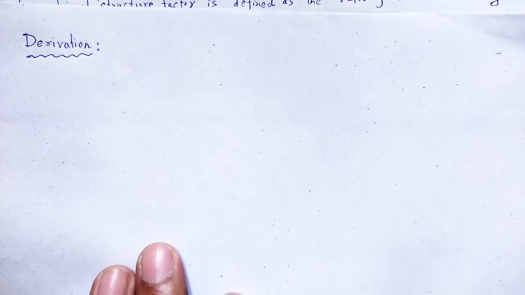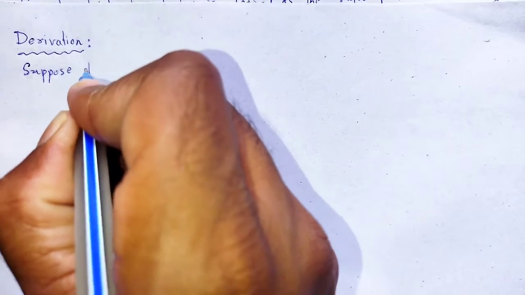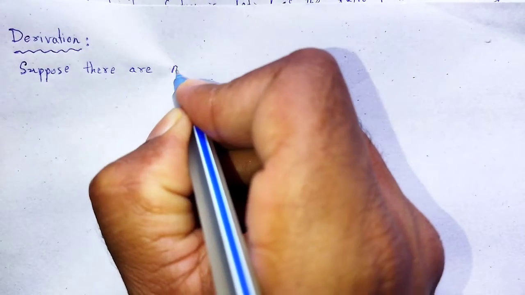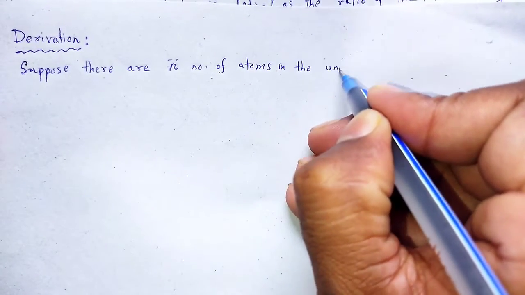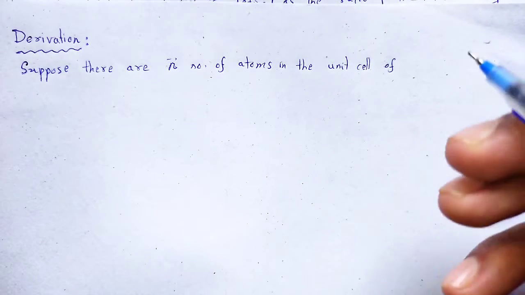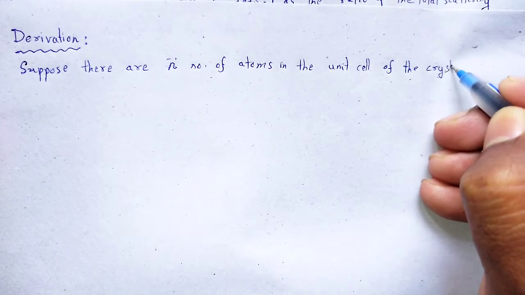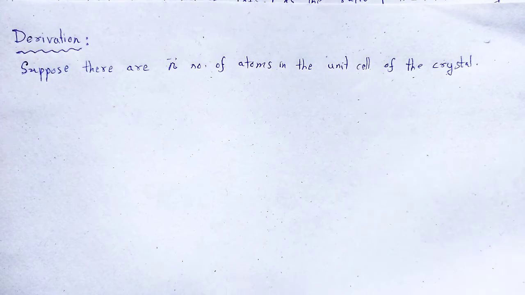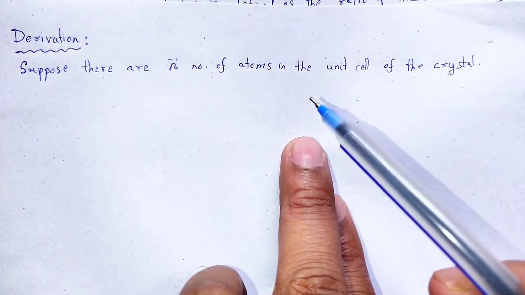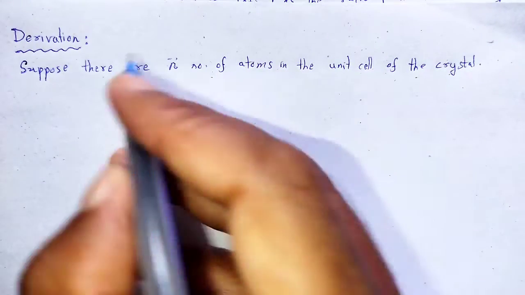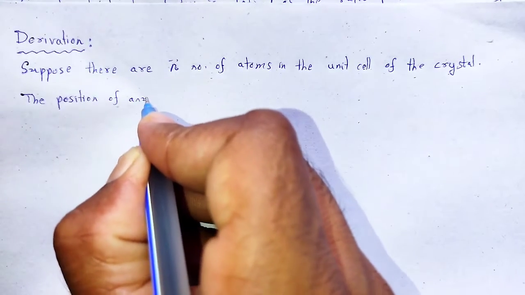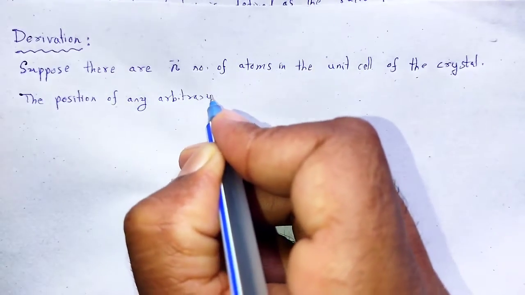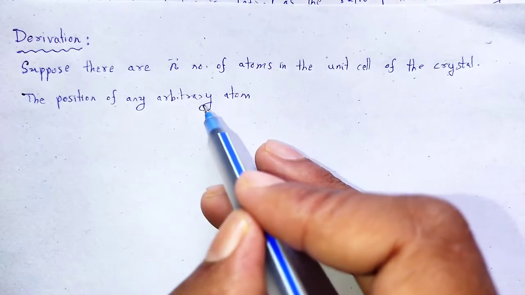To derive that expression, we have to consider, suppose there are n number of atoms in the unit cell of the crystal, and N number of unit cells in the crystal. For the position of any arbitrary atom, there are n number of atoms, but we choose any atom.